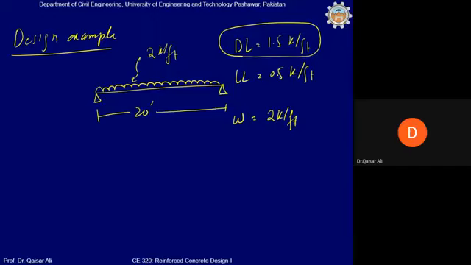Now, if you want to design this beam corresponding to stage 1, which means that if we ignore the effect of steel, or if we want to design the beam as a plain concrete beam without reinforcement. And we don't allow cracks in that beam, because in a plain concrete beam, if there is no reinforcement in the beam, what will happen?